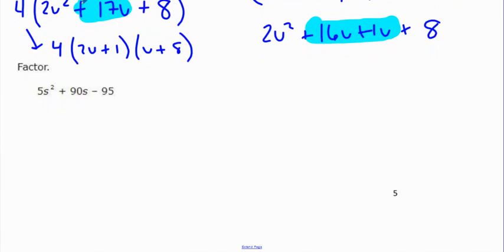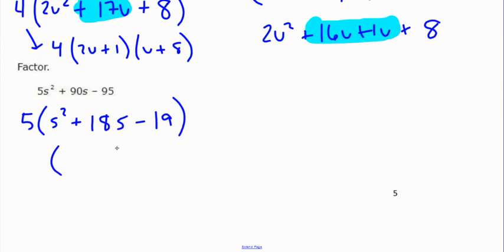Next, we have more practice factoring out that GCF, because just looking at 5, 90, and 95, I can see that they all share a factor of 5. So I'm going to factor out my GCF of 5. 5 goes into 90, how many times? 18 times. And 5 must go into 95, 19 times, right?